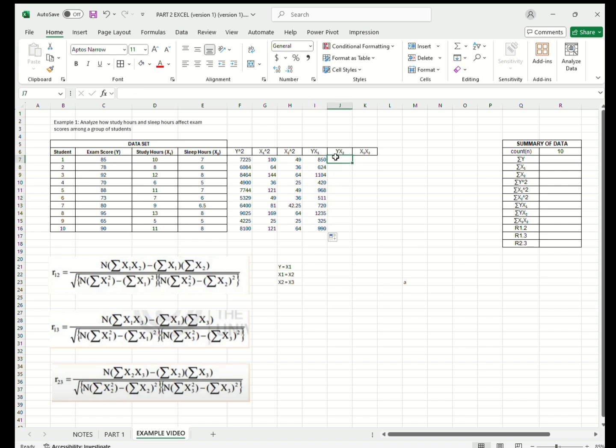And next, we need to get the dependent variable multiplied by the independent variable sleep hours. Next, we need to get the independent variable study hours x sub 1 multiplied by the independent variable sleep hours x sub 2.